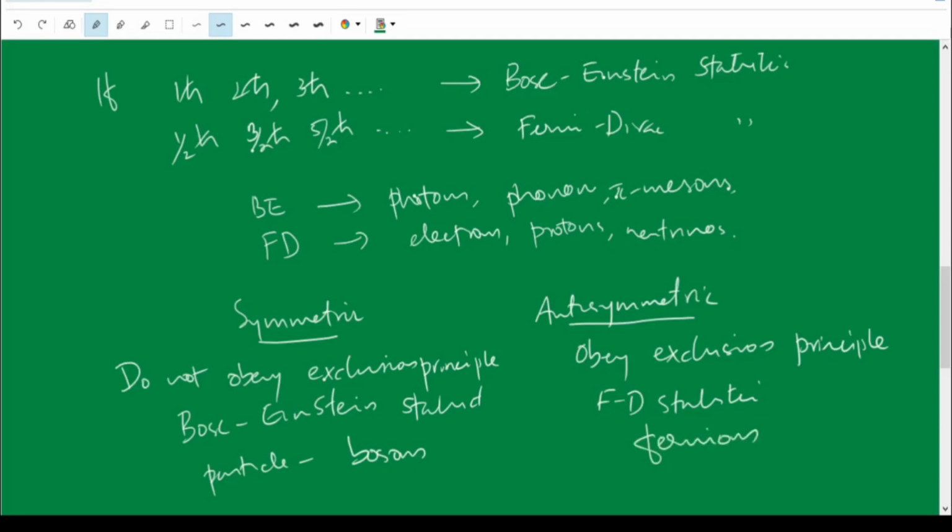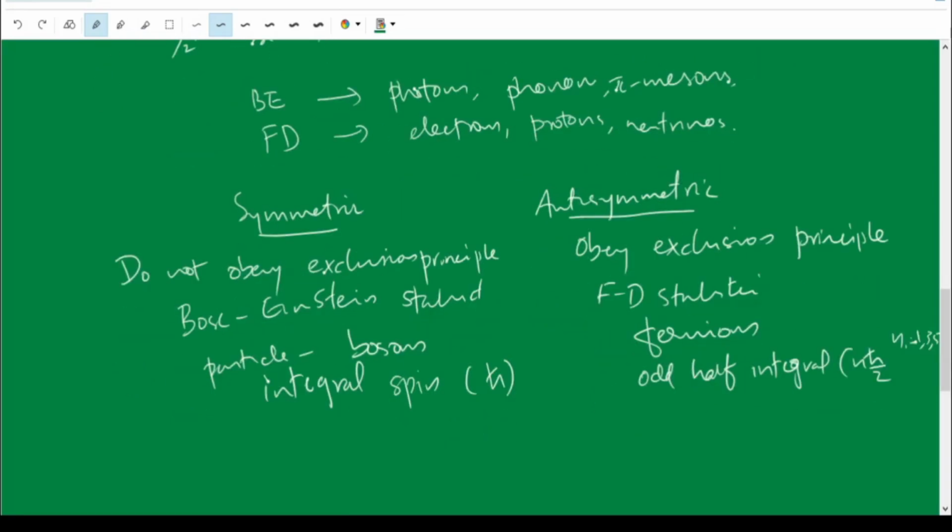Bosons have integral spin in units of h cross, and fermions have odd half integral spin, n h by 2, where n is 1, 3, 5, etc. Okay, so these are the symmetric wave function and antisymmetric wave function. Thank you.